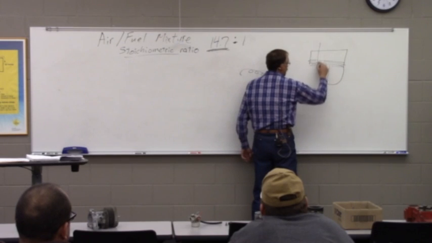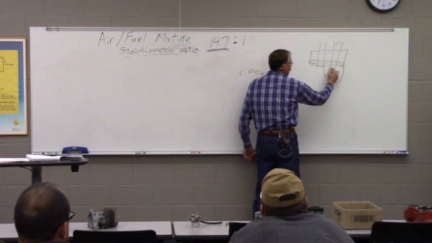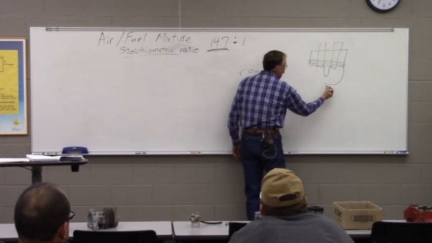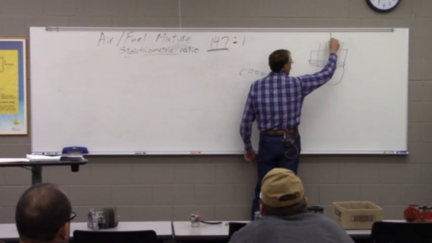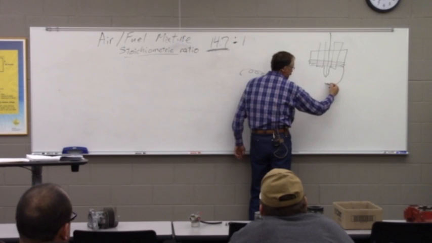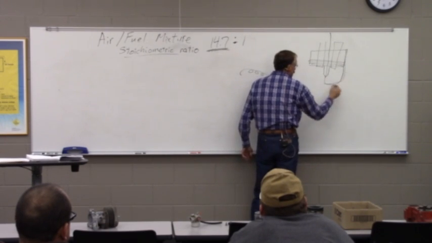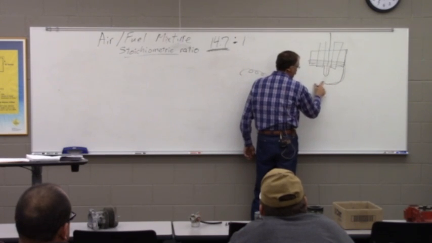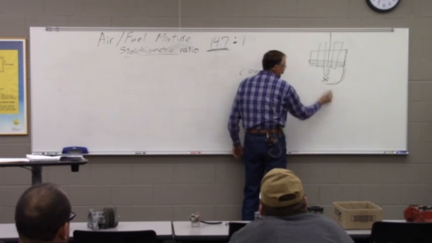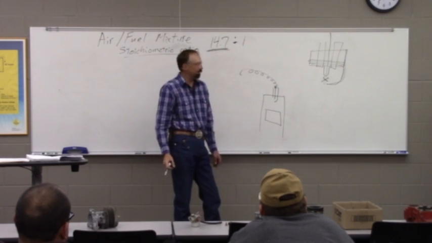There's actually going to be ceramic insulation inside of here that insulates this center electrode from this metal shell so that we can have electrical power coming in here and jumping this gap and then being grounded through this side. So when that spark jumps that gap right there, that spark is what's igniting our fuel.